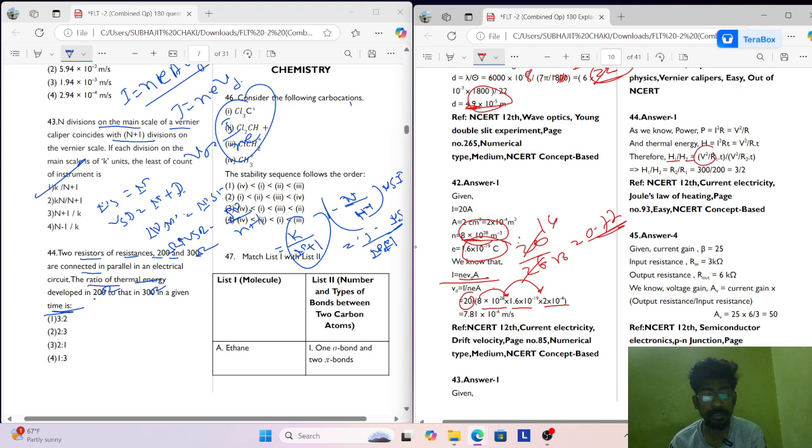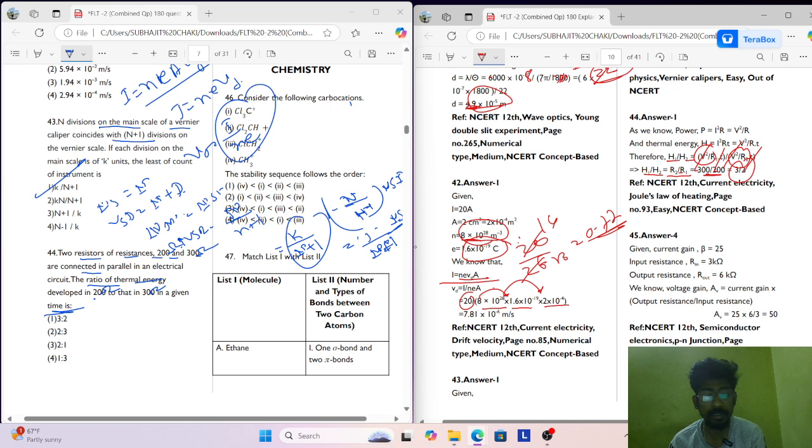H1 equals V1 square by R1 into T, H2 equals V2 square by R2 into T. H1 by H2, V is equal in both cases, T will be equal, that means R2 by R1. R2 is 300 by 200 means 3 by 2 will be our answer.